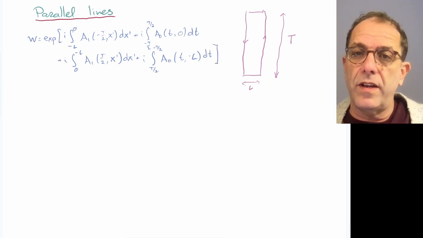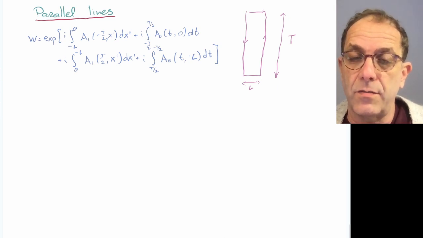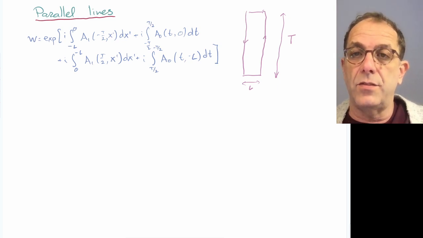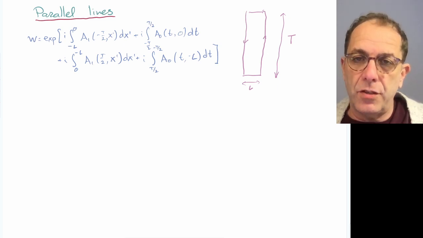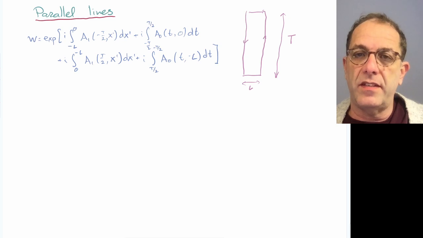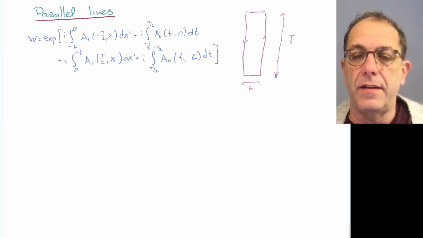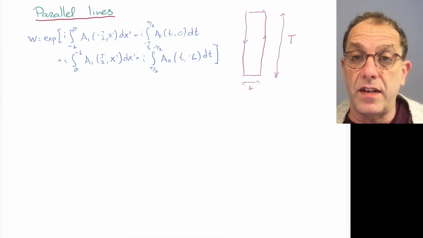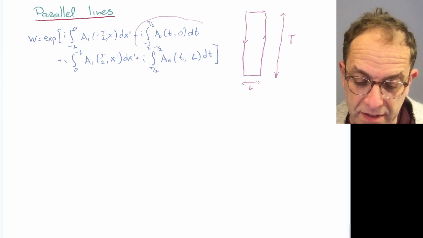To evaluate it, I will rely on the solution to exercise 1, so please do it now before I continue. To do that, I need to assume that t goes to infinity, because I had there the infinite line. And I will split the Wilson loop into 3 pieces.